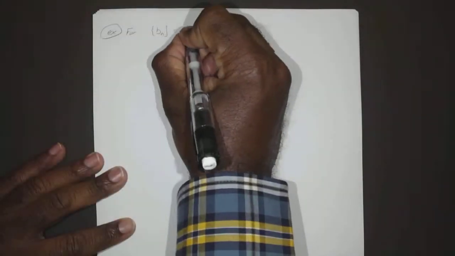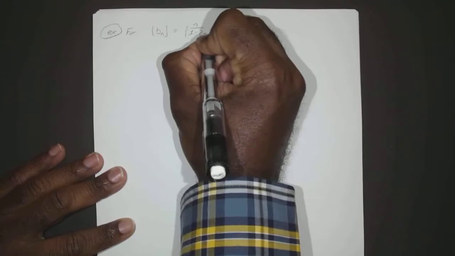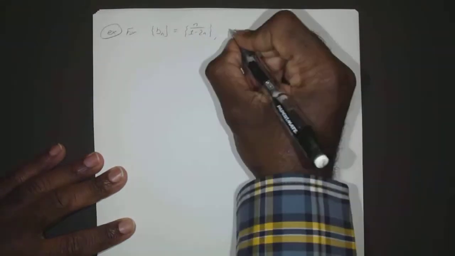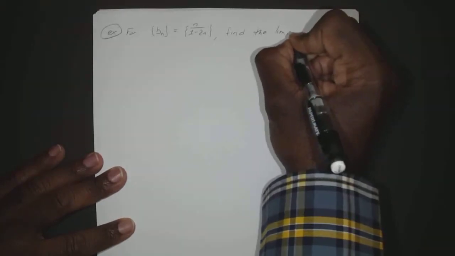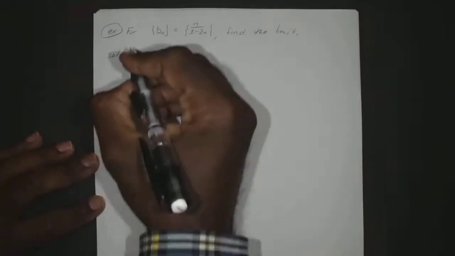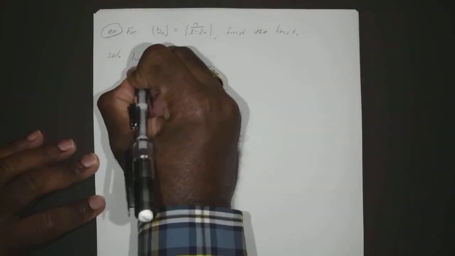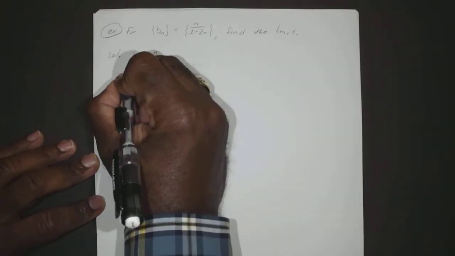Let b sub n equal n over 1 minus 2 times n. I want to find the limit. So we have the limit of n over 1 minus 2n as n approaches infinity.